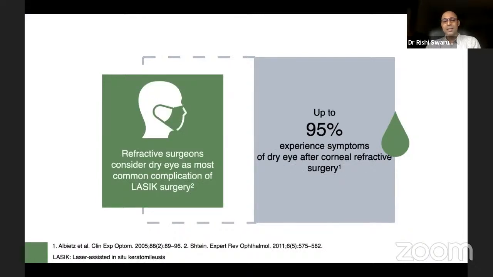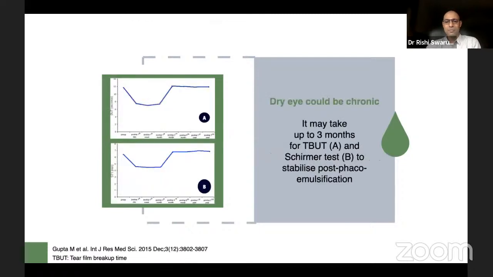But it's not just the older population, it's also the younger people who are having refractive surgeries. We know one of the main problems after refractive surgery is dry eye. Again, that is attributable to a number of factors, which I shall be coming to in my subsequent slides. Up to 95% of patients having corneal refractive surgery can have some element of dryness.